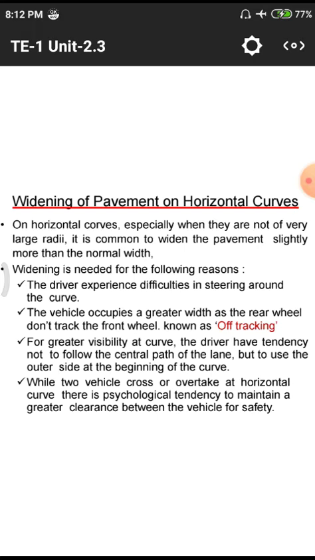While we are taking turns, we face a few problems as the rear wheel is not sufficiently moving along the particular road. If the extra widening is there, automatically the wheels will move in the particular direction, so there will be no problem to the driver and to the traffic also. So we have to use this extra widening for vehicle movement on particular radii.